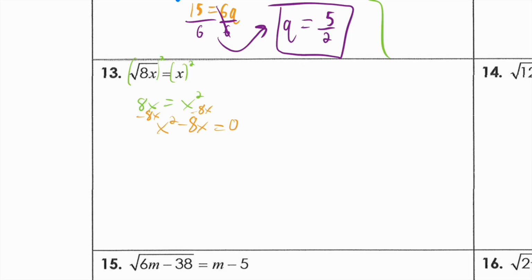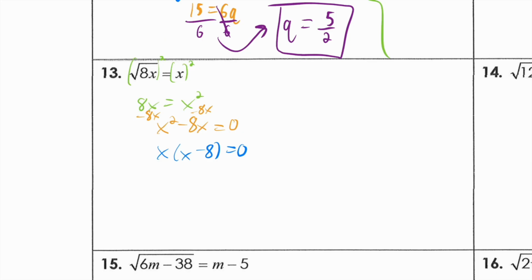Moving on from that, I'm going to go ahead and look for a GCF first. There is a GCF, and so I factor out a GCF of x, and I get x times x minus 8 equals 0. And I have two terms inside the parentheses. Whenever I have two terms, I want to look for either a difference of squares, difference of cubes, or sum of cubes.